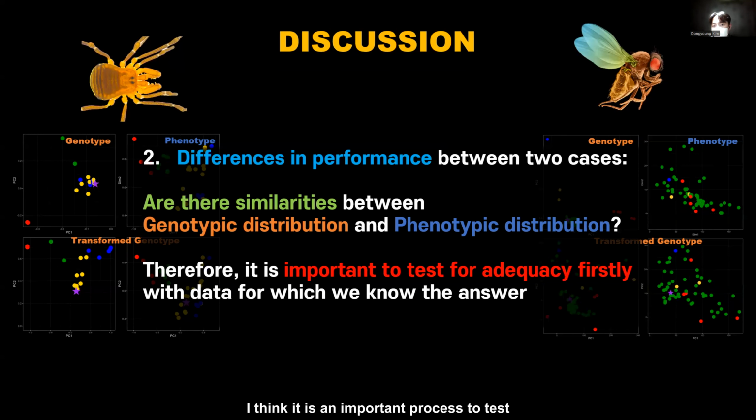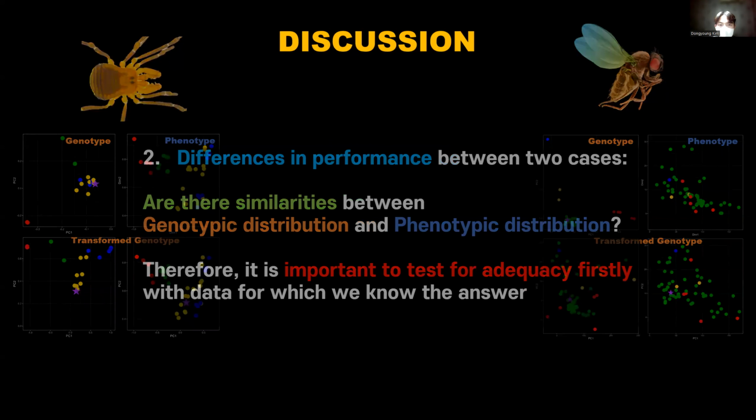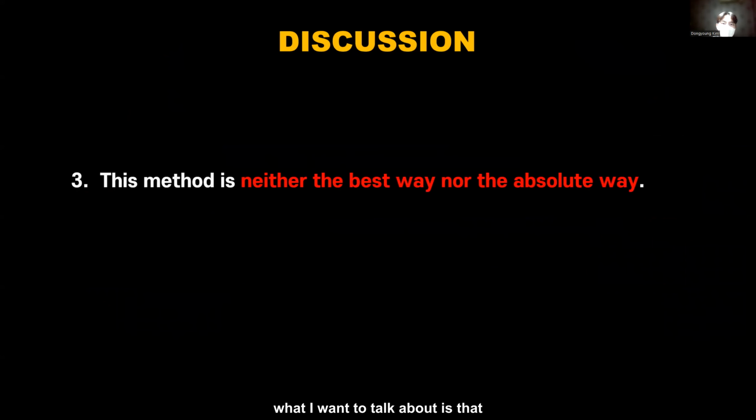Therefore, I think it is an important process to test on data that you already know the answer to, and then apply it to the actual phenotype missing data. Basically, what I want to say is that it's not the best way to deal with missing data, and it's not the absolute way to do it.